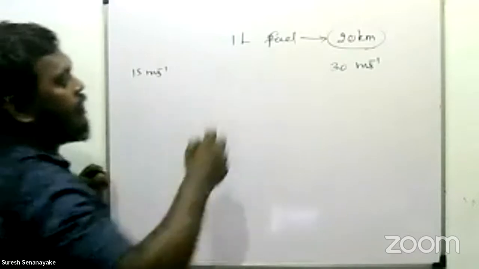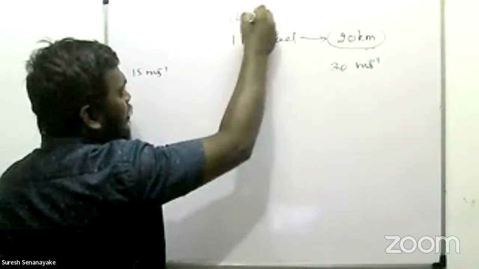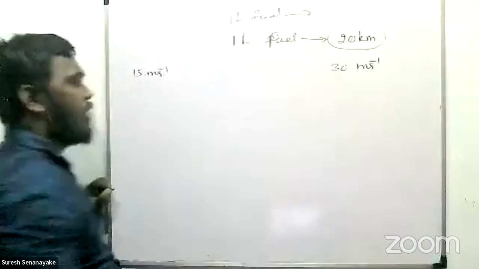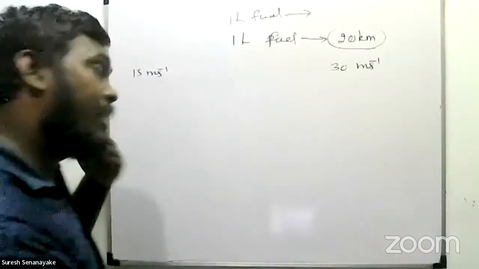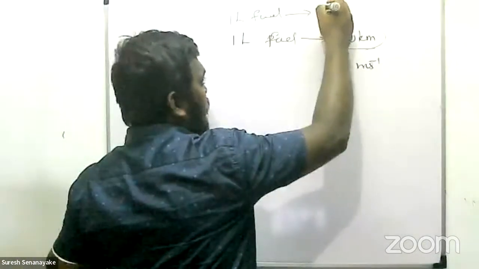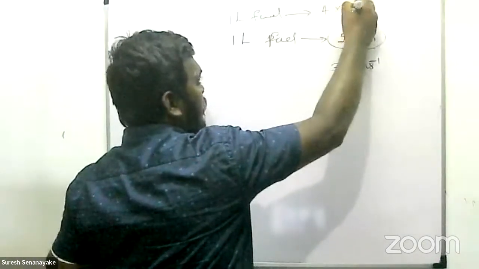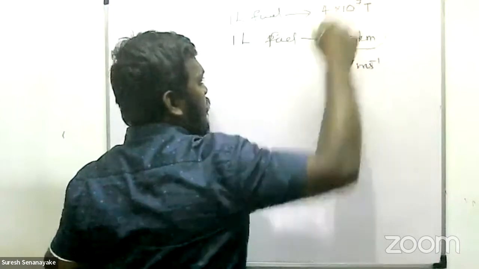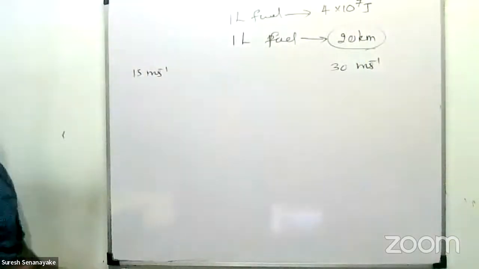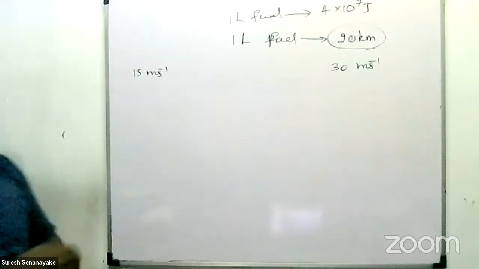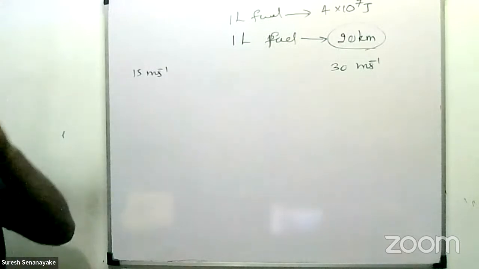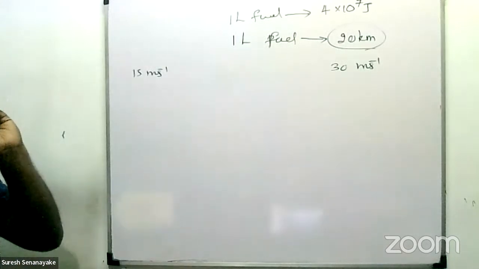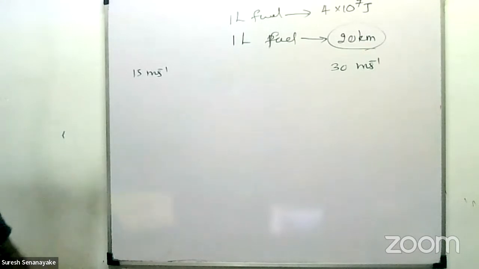And they can also give that burning 1 liter of fuel produces energy, that's called the combustion energy, right? That energy is about 4 into 10 to the 7 joules. For burning 1 liter of fuel, you can consider this much energy. You think like this, then it is easy. The 1 liter can also travel the vehicle 20 kilometers.